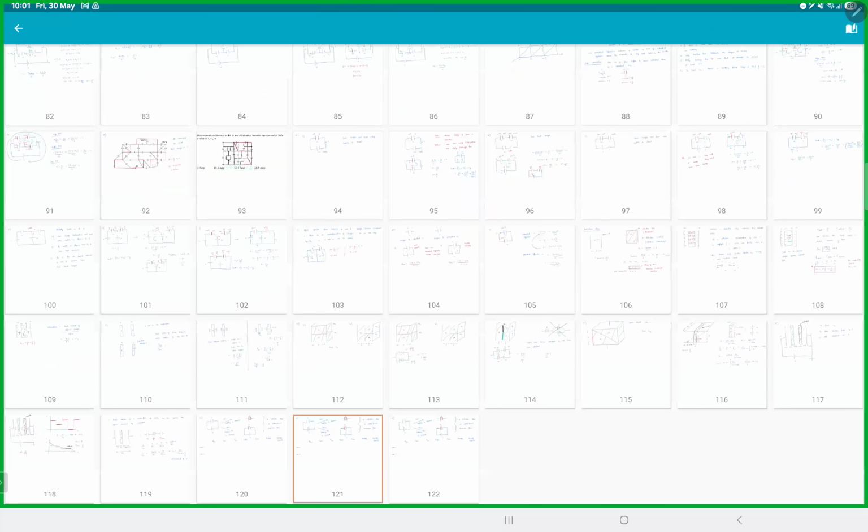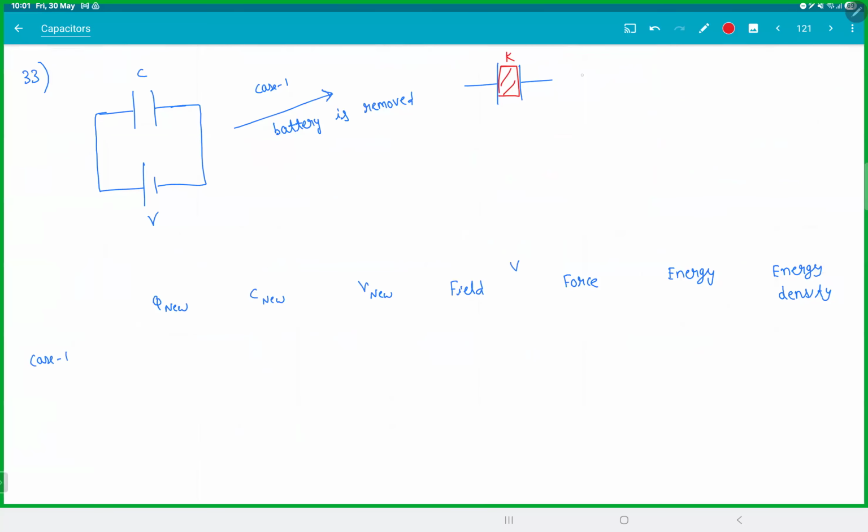Let's see case one. If you remove the battery, charge remains constant.